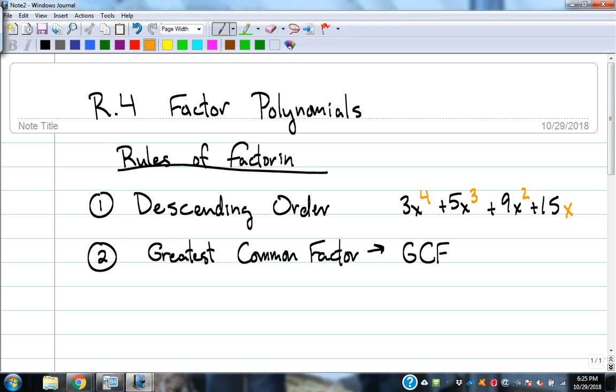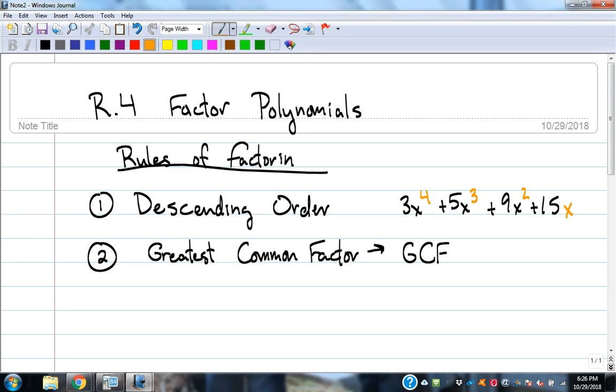Everybody has an x. This one has 1 x. This one has 2 of them. This one has 3 of them. This one has 4. The most that they have in common is 1. It's what can each of them give up? This one can only give up 1, so we can't ask anybody else to give up more than that. That's mathematically fair for us. So that's how the GCF works. We're going to look for that before we do anything else.